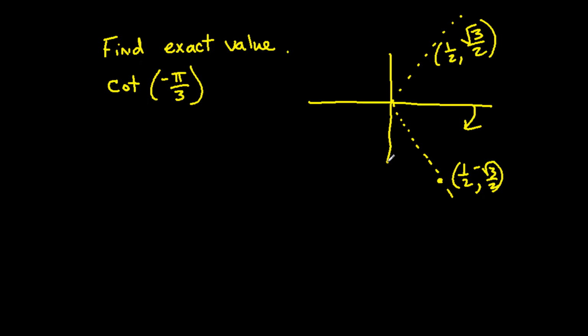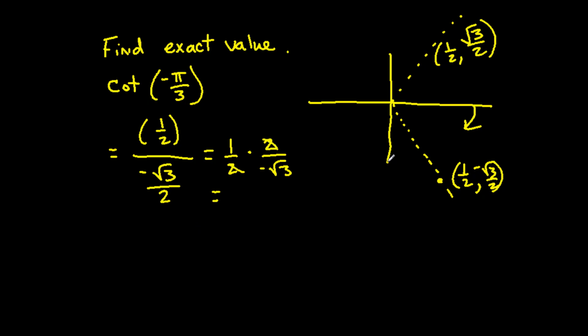But they want us to find the cotangent of that, which is basically x divided by y. The x coordinate here is 1/2. The y coordinate is negative square root 3 divided by 2. And since division is multiplying by the reciprocal, we can multiply by the reciprocal, and we would get negative, if we brought it to the numerator, the negative in the denominator, 1 over square root 3.